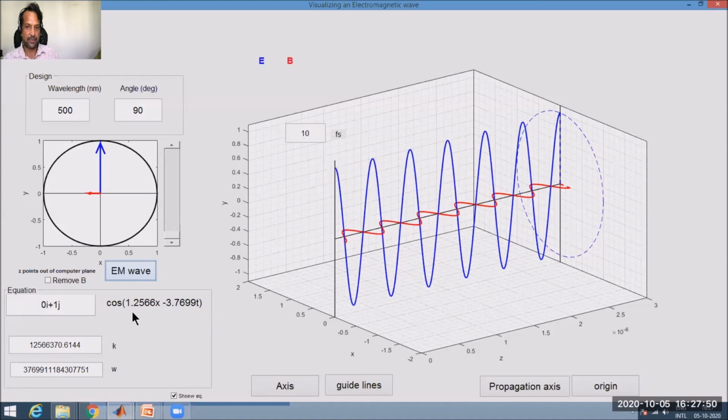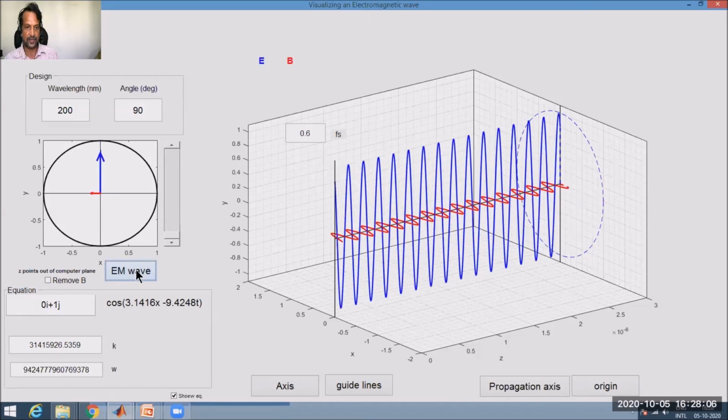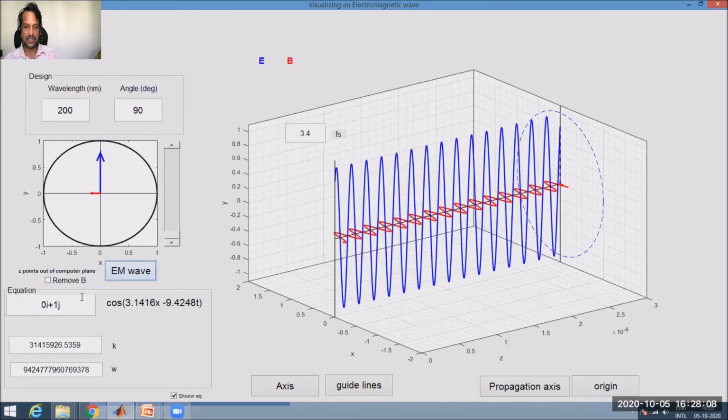So is the wave number. Here the wavelength has decreased, so we can see more waves per unit length, hence k has also increased, and it is faster, hence omega has also increased. Let us put some other number, that's 200 nanometers. Now it is much faster, you can see.